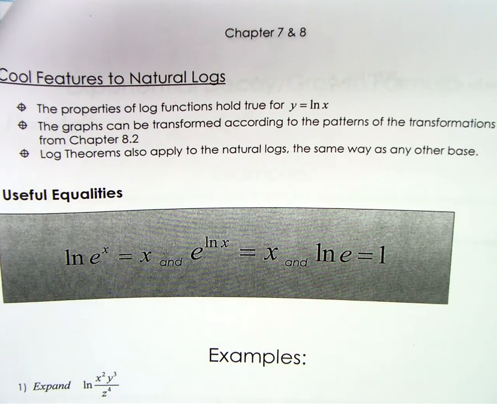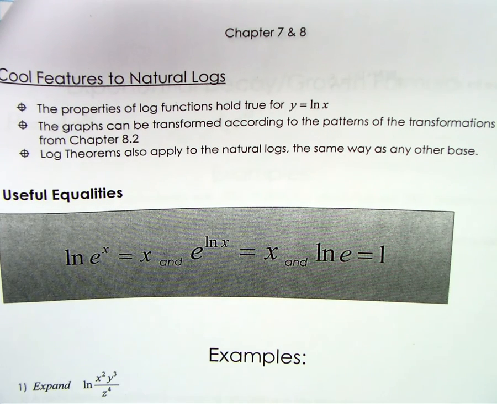All right, cool features of natural log graphs. Okay, super cool. All the rules that you learned in 8.3, all the log laws, apply to natural logs because they are still logarithms. Any transformations in 8.2, you can still apply to natural logs.